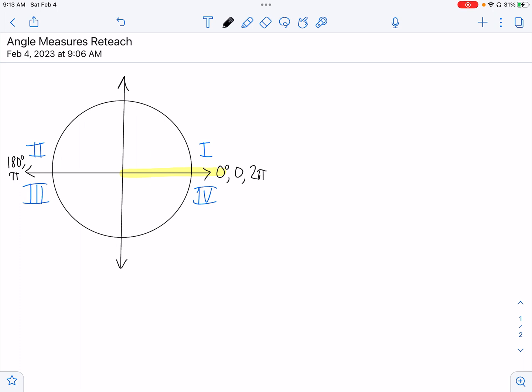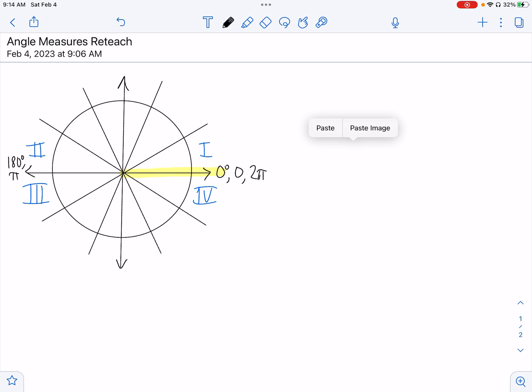If you were asked to sketch 5 pi over 6 radians, because pi is halfway around the unit circle, you have to sketch the sections so that there are 6 sections in the top half of your circle and 6 sections in the bottom half. I know my sections are not very even, but this is really a sketch.